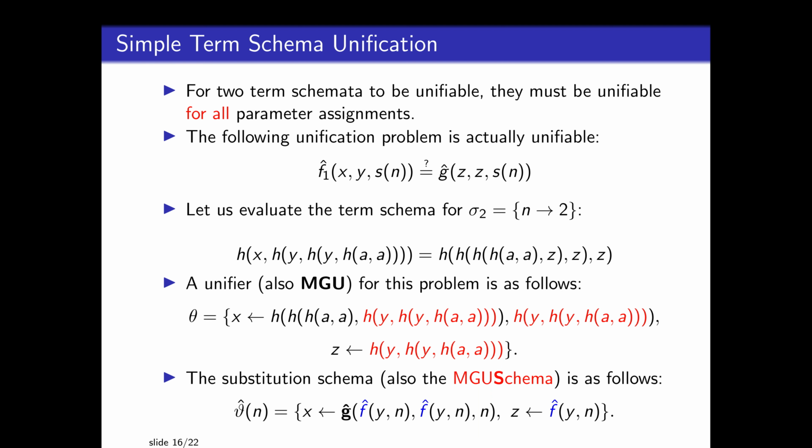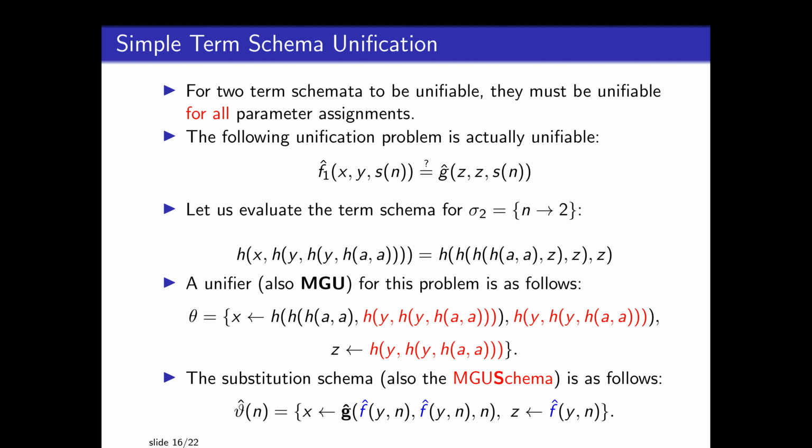So, simple term schema unification, going back to this same topic. Sometimes they are unifiable, so let's look at a case when it is unifiable. Here we have the unification problem with f1 hat and g hat. If we evaluate at 2, it turns out these are actually unifiable. This is a really complicated looking term.